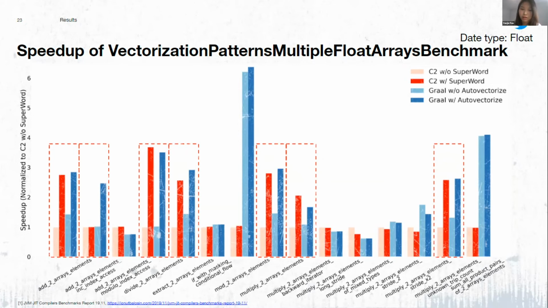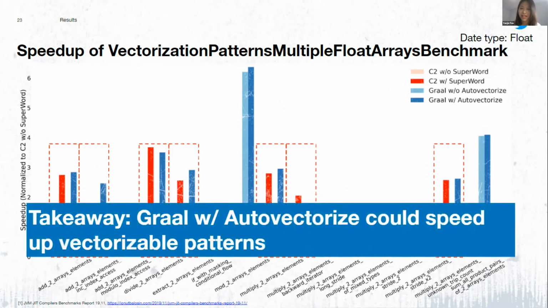The Graal auto-vectorization could also detect those, so we can see they have similar speedup. So the takeaway is that Graal with auto-vectorize would speed up the vectorizable patterns.